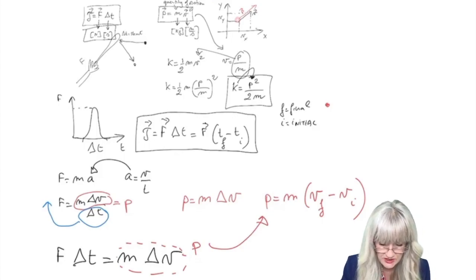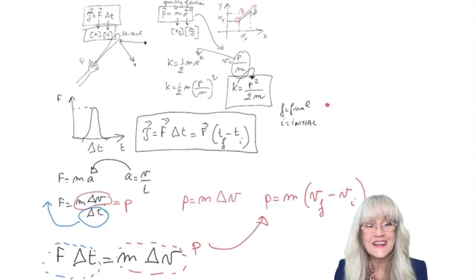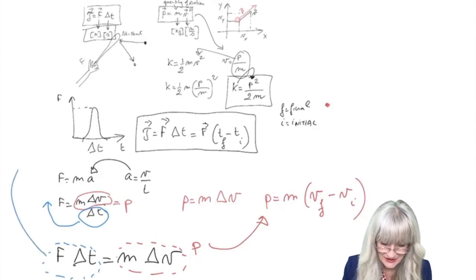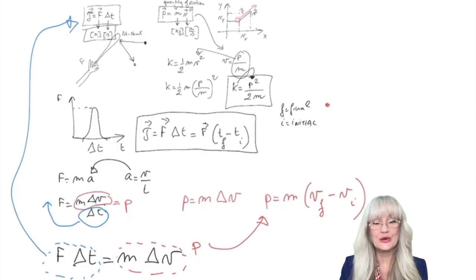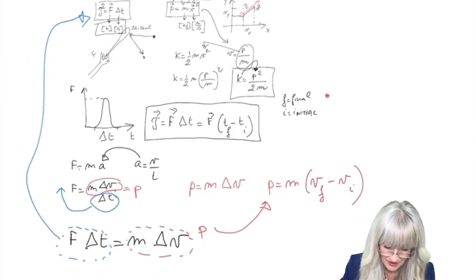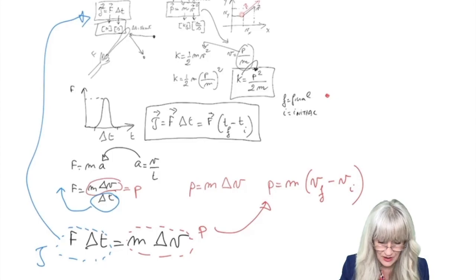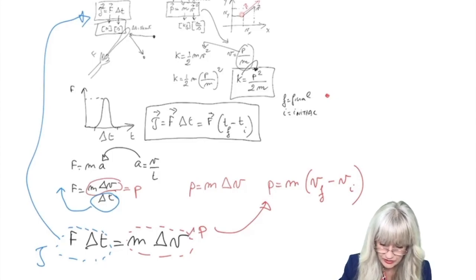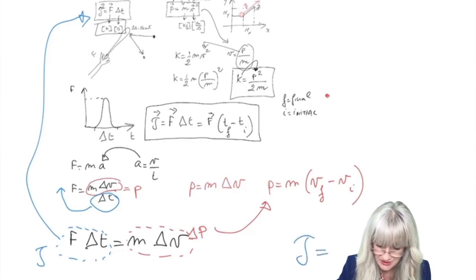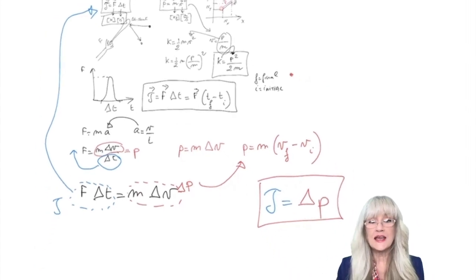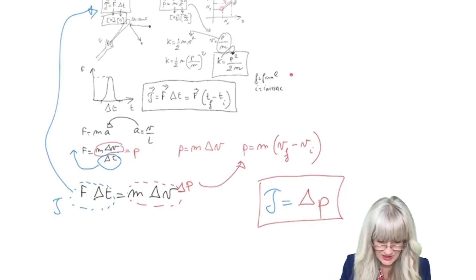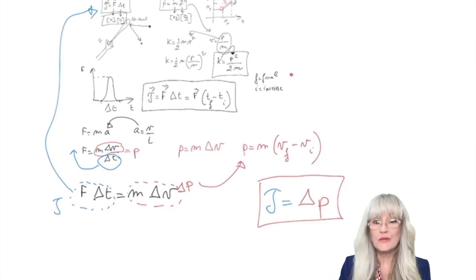But what is F multiplied by delta t? F multiplied by delta t is nothing else than your impulse J. So as you can see, we found out that your impulse is equal to the change in momentum. I'm going to say it again. Your impulse is equal to your change of momentum.